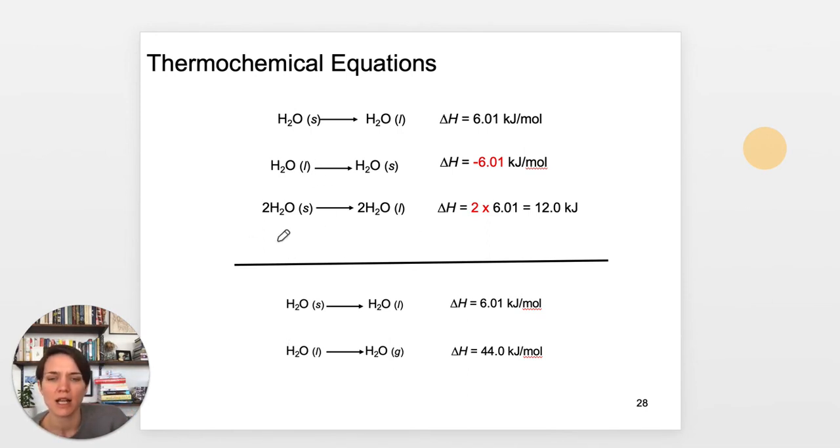Let's say that in our reaction, we needed to have 2 moles of water, solid water going to liquid water. So if I need 2 moles and I have this as my delta H, then I would need to multiply this entire system by 2, right? I have to do it to the whole thing because this enthalpy change for this reaction is specific to the conditions of 1 mole to 1 mole, but as long as you do it to everything, all is fair.